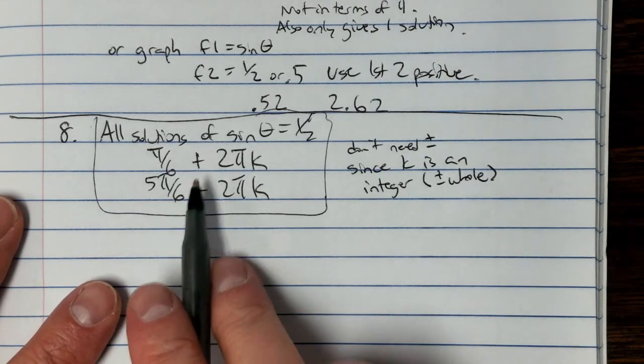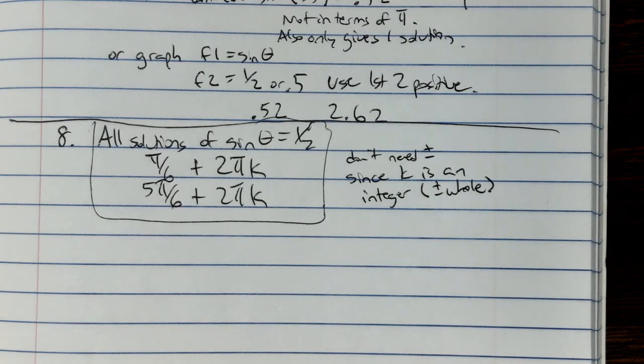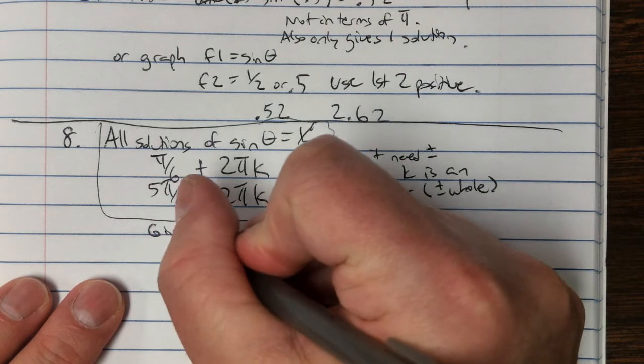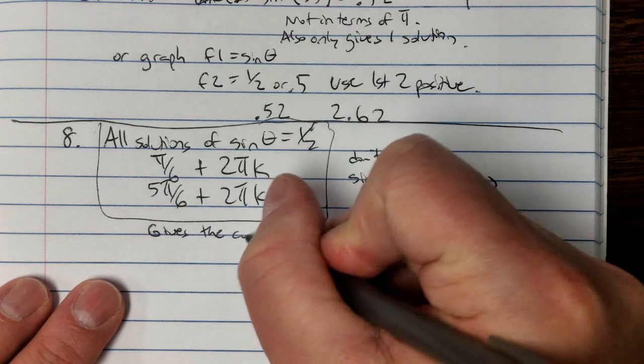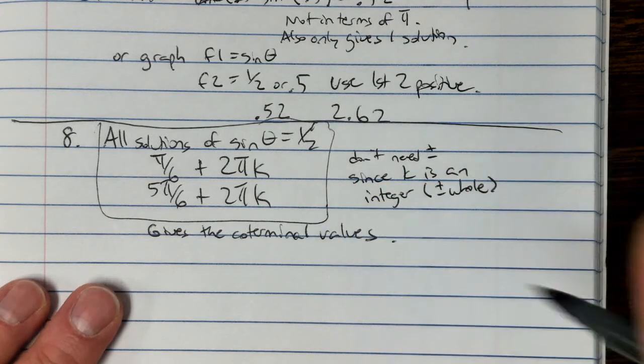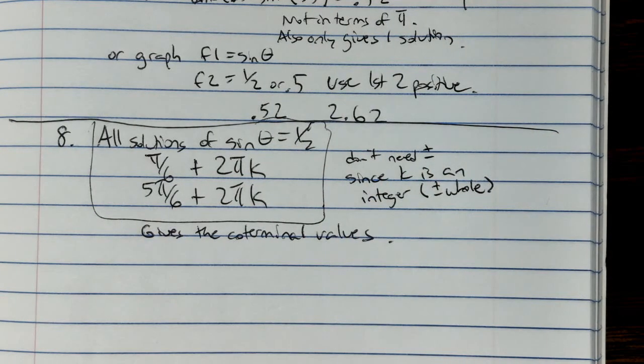So you don't need to say plus and minus 2pi k. So that would give you the coterminal values. Any questions?